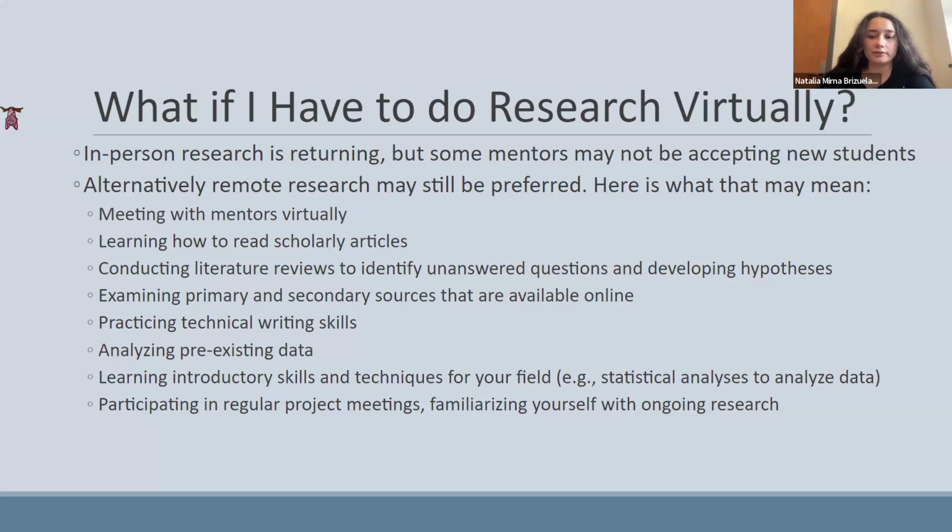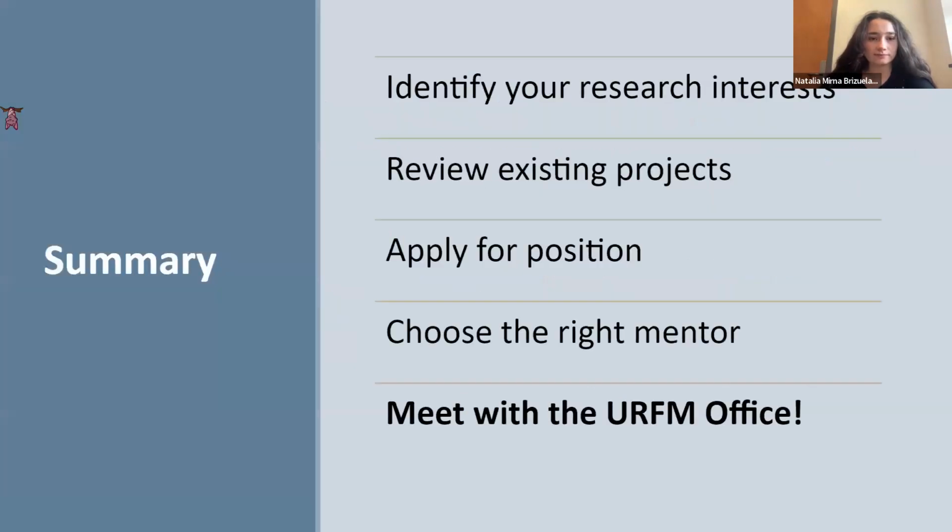So in summary, what you're going to want to do to get involved is identify your research interests, review existing projects that are out there, apply for a position, make sure that you choose the person that is right for you, and also meet with the URFM office.